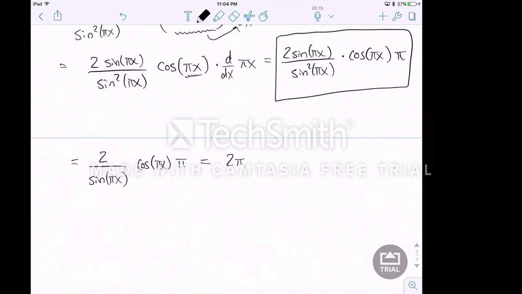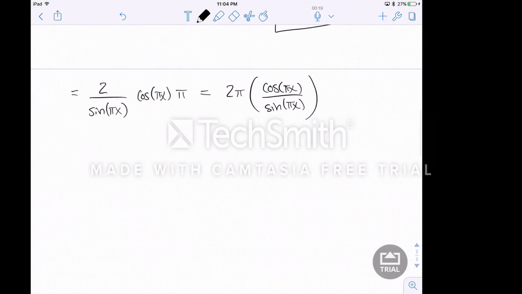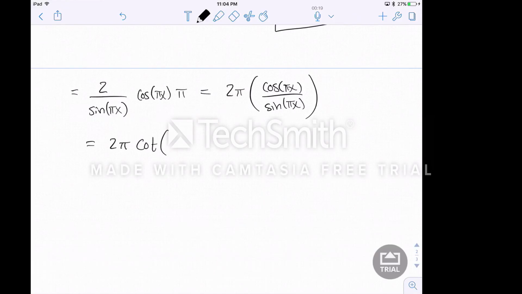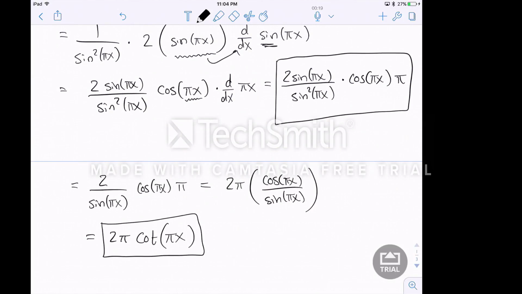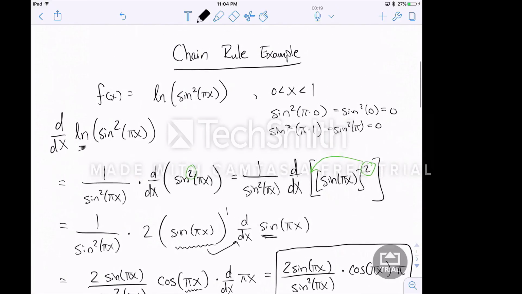I'm going to bring the pi to the front and write this as cosine of pi x over sine of pi x. But remember, cosine of something over sine of something is the same as the cotangent of that something. And so that is our derivative: 2 pi cotangent of pi x.